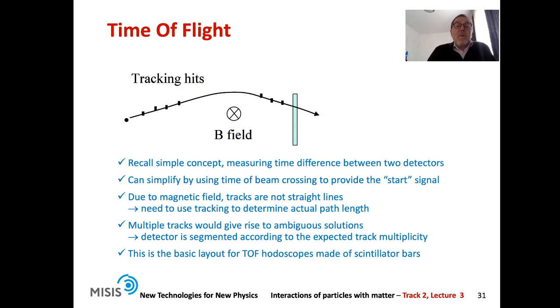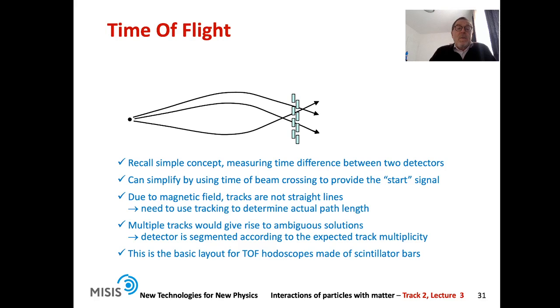Let's recall a simple concept, how to measure time difference between two detectors. We can use simply the time of beam crossing at left to provide the start signal. However, due to magnetic field, tracks are not straight lines, so you need many hits to reconstruct the track, and we need tracking detectors to determine actual path lengths.